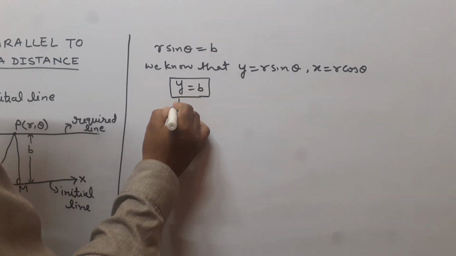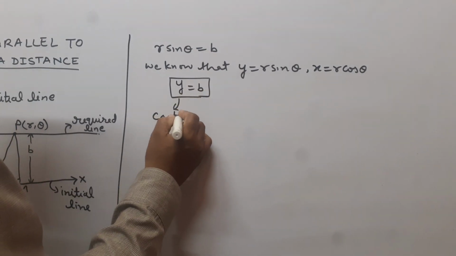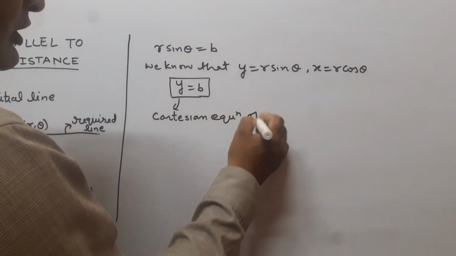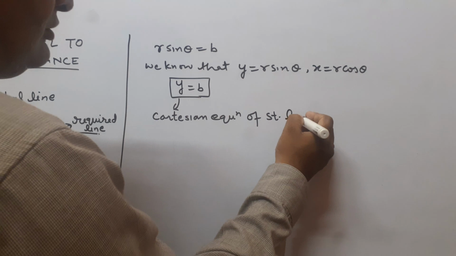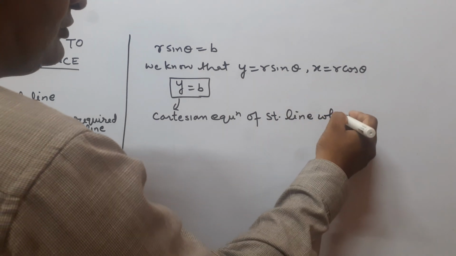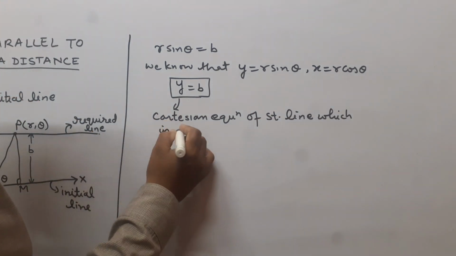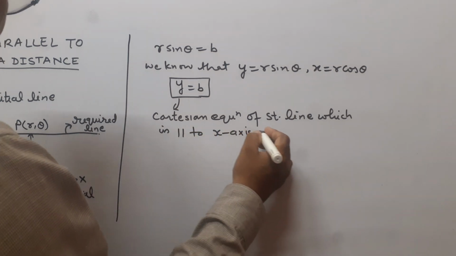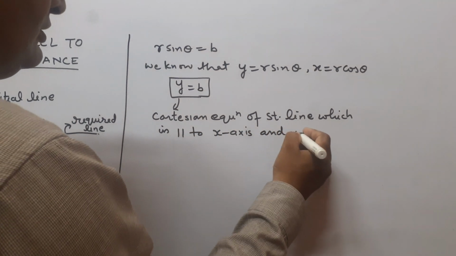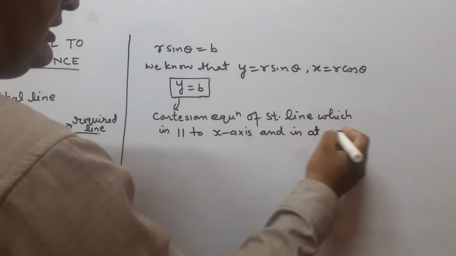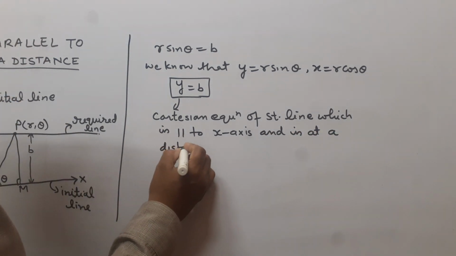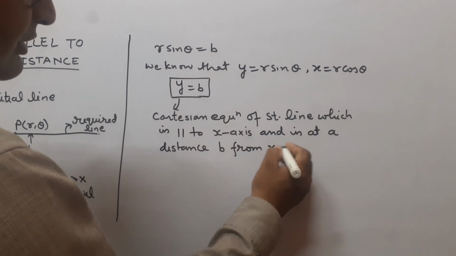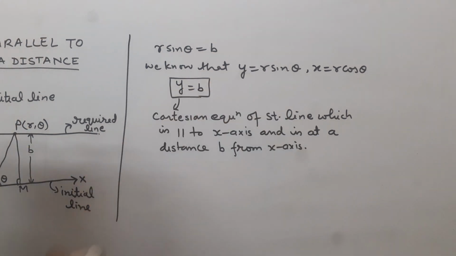This is the Cartesian equation of straight line which is parallel to x-axis and is at a distance small b from x-axis. Thank you.